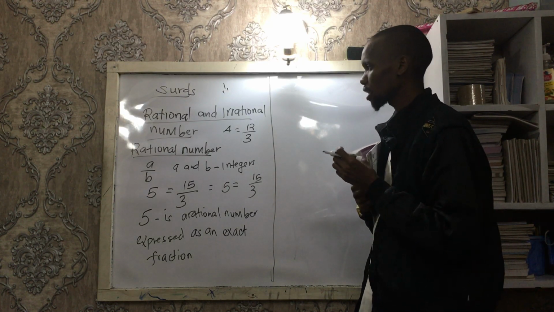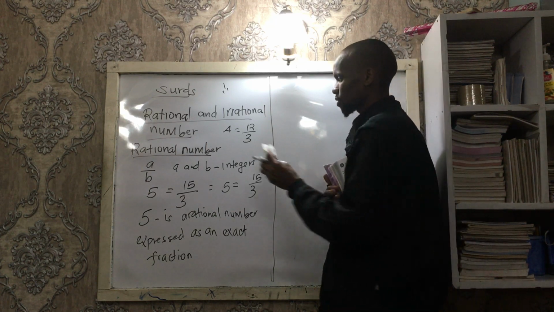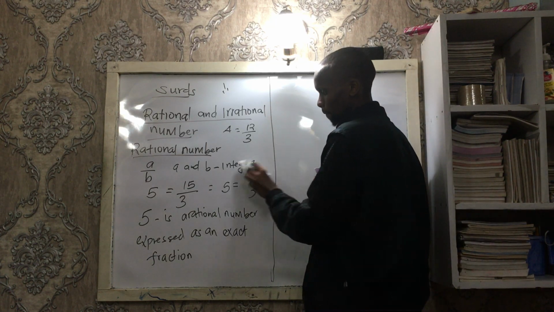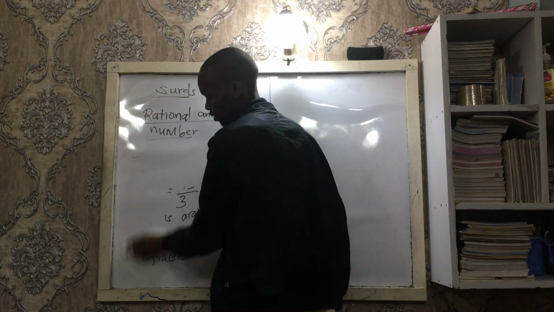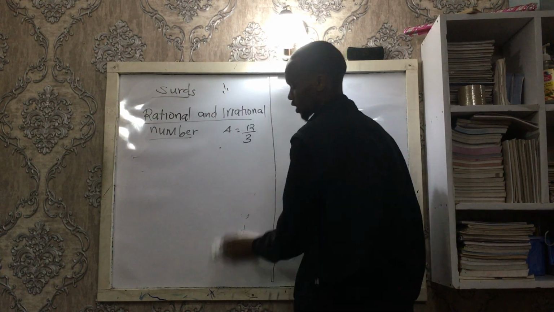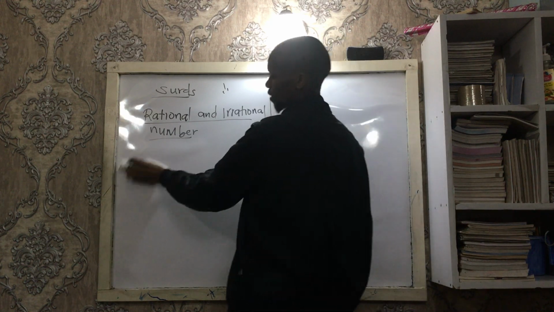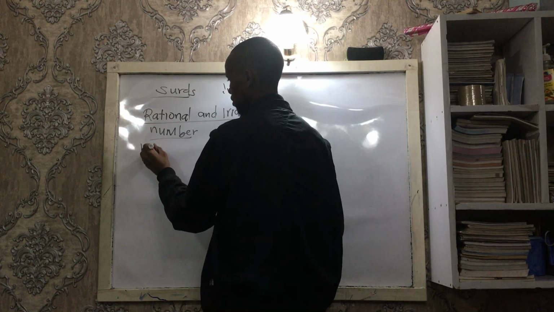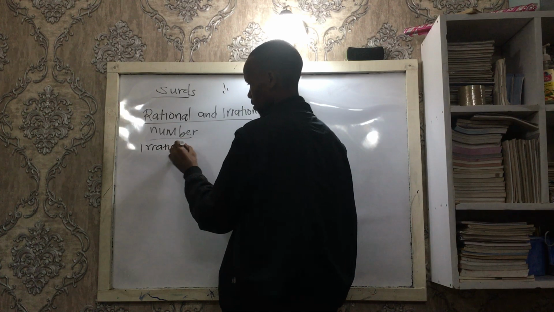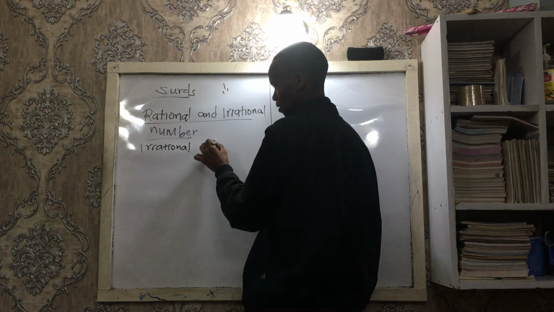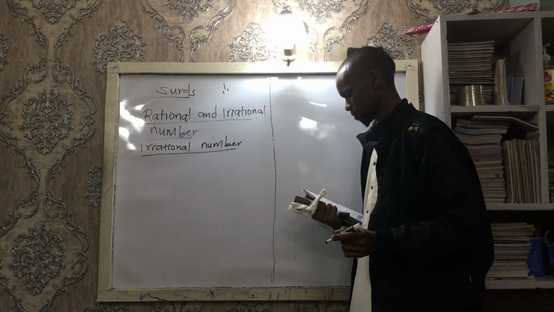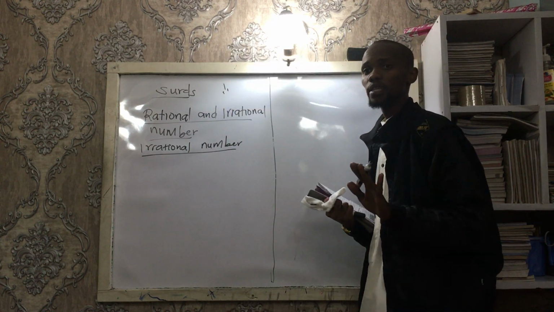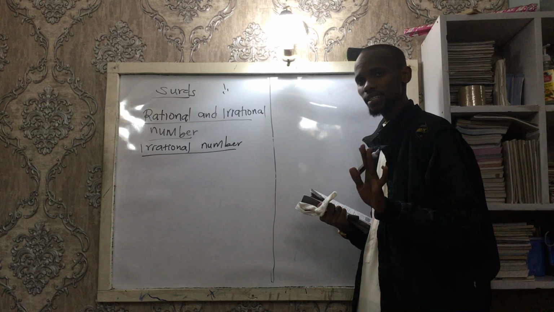Let's come to irrational numbers now. What are the irrational numbers? An irrational number is a number that cannot be expressed as an exact fraction.